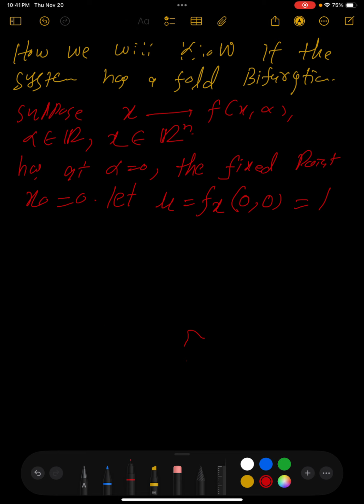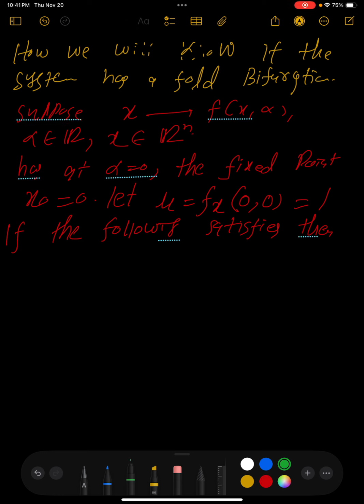Then if the following are satisfied, the first one is that f_xx, since our alpha naught was 0 and x naught is 0, the second derivative, should be non-zero.